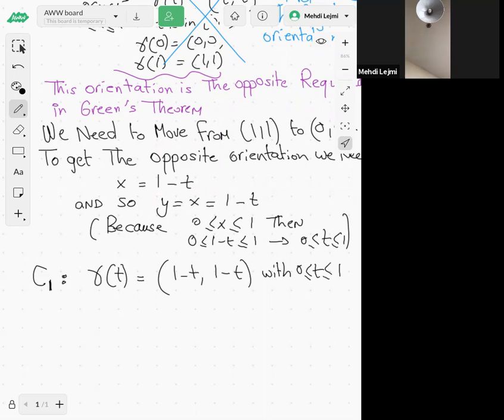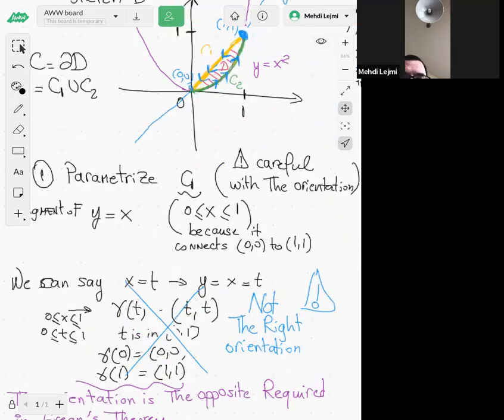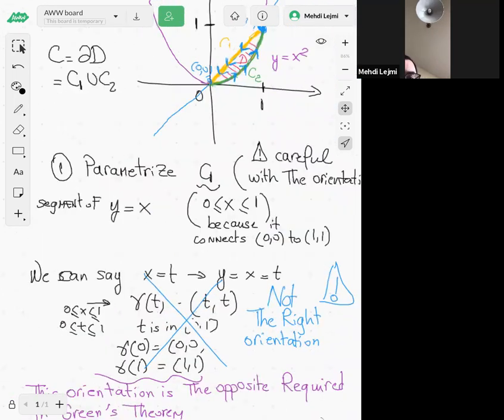So that's the parameterization for C1. Now we need to parameterize C2.